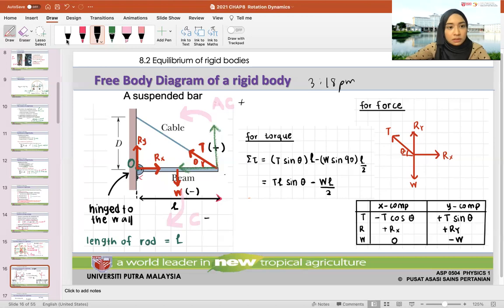Okay, so if this thing is moving downwards, clockwise, so semua jadi negatif lah. So it will have a negative torque. A negative torque just simply means it's rotating in clockwise direction. It's not exactly a bad thing. It just tells us the direction.